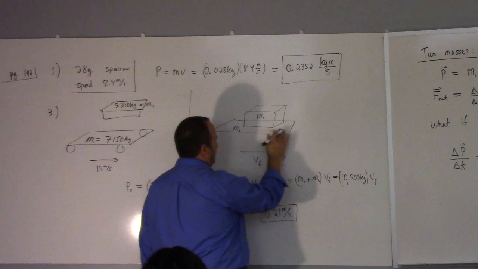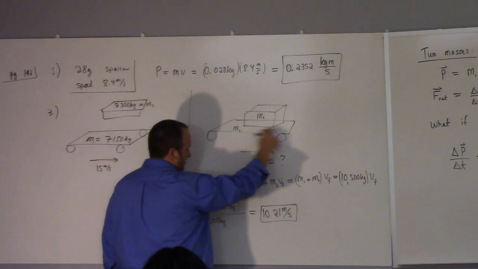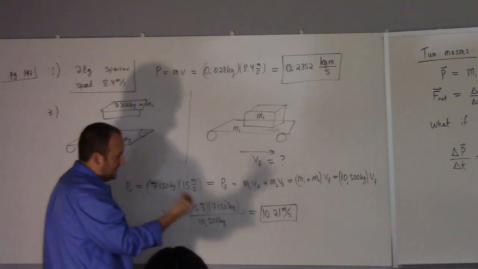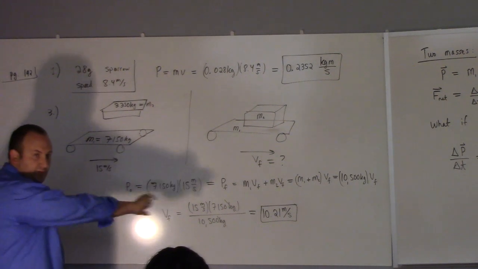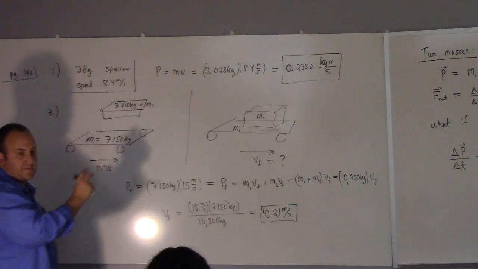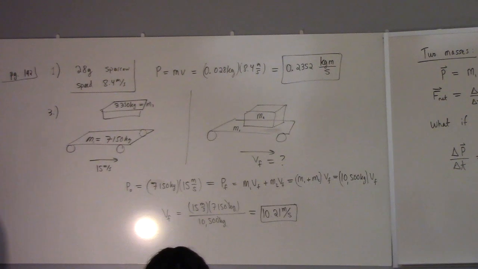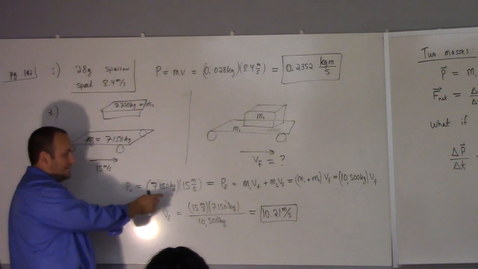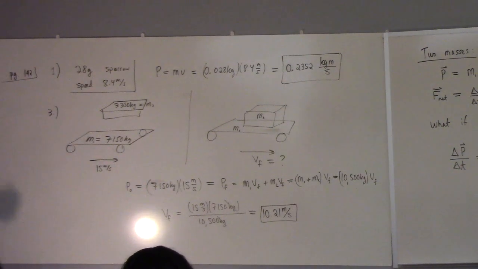The momentum of the railroad car itself is m1 vf, but the momentum of the load once it starts moving with the car is m2 vf. They share the same velocity. Again, momentum's conserved, so we can set the initial momentum equal to the final momentum.